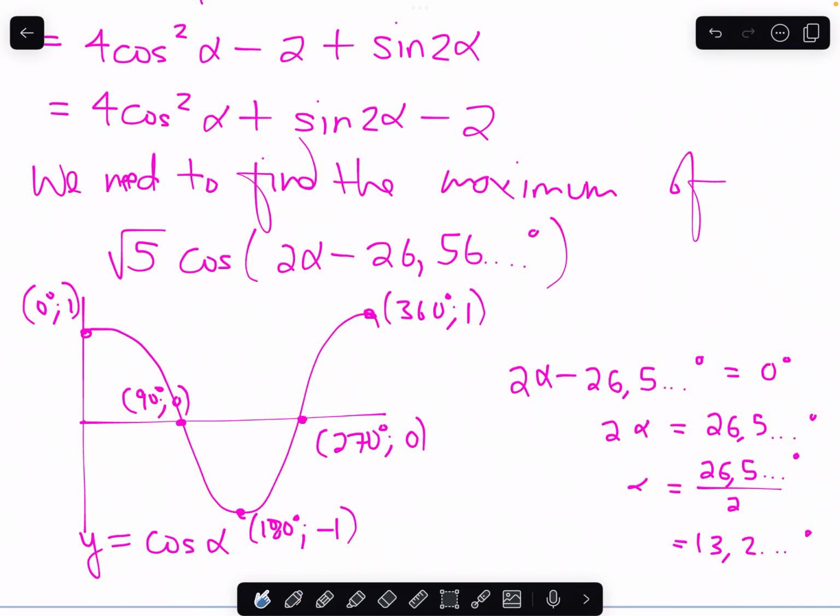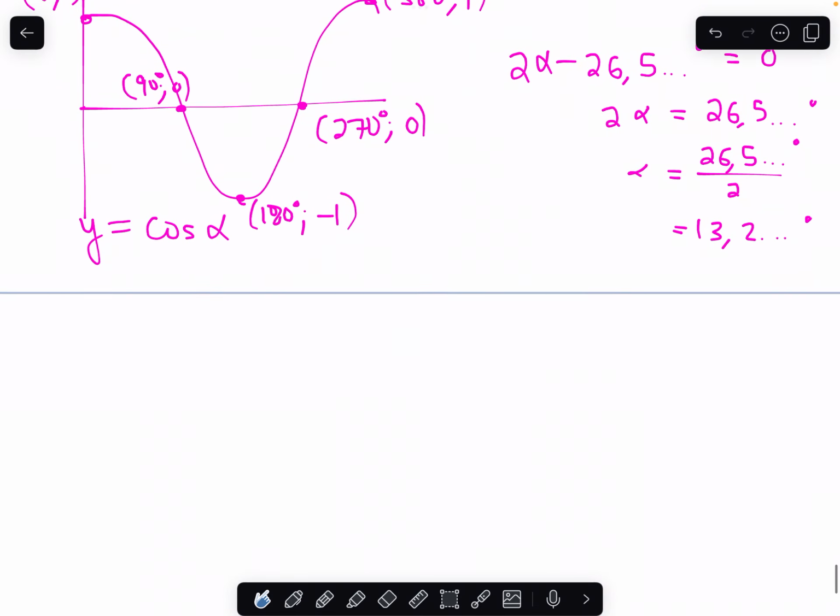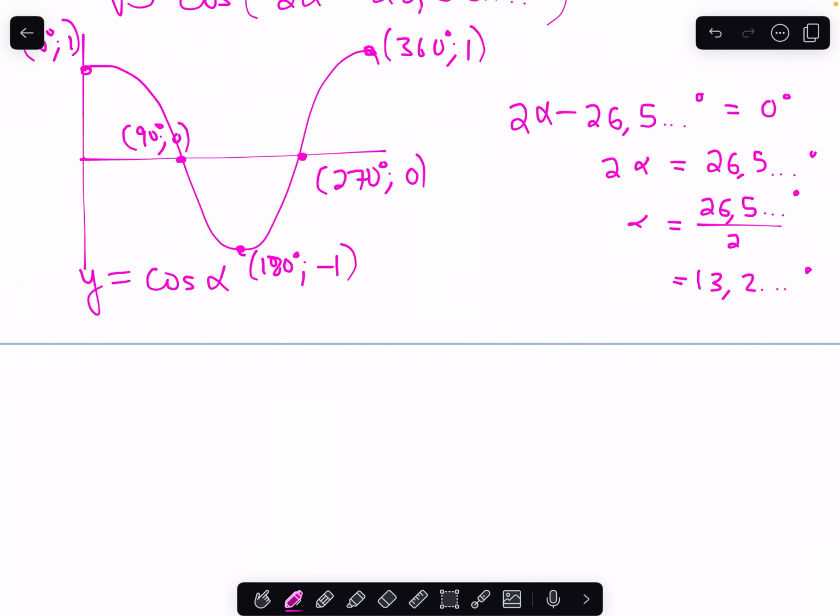Okay, right, so this is telling me that I'm now going to have this point over here, and the x will be 13,2 whatever, and the y coordinate will be √5, right? Because the amplitude is no longer 1, the amplitude is now √5.